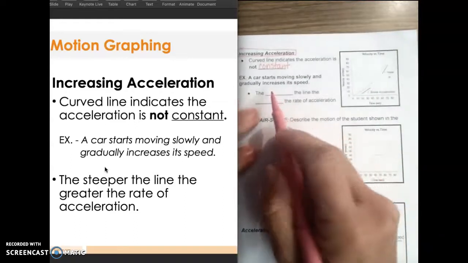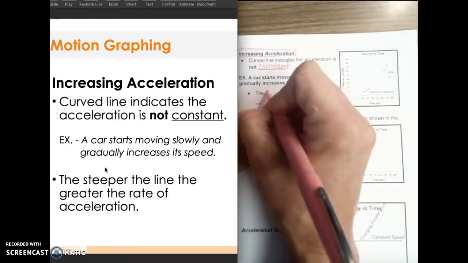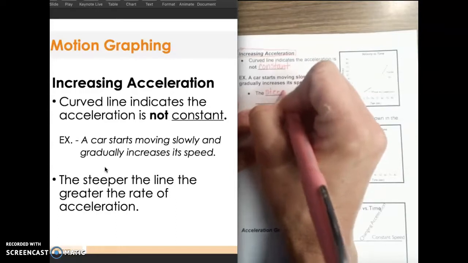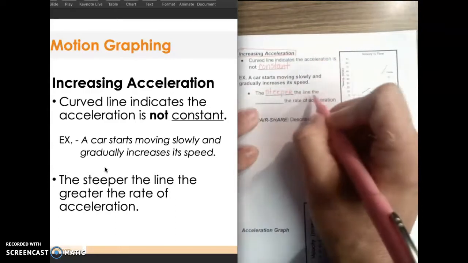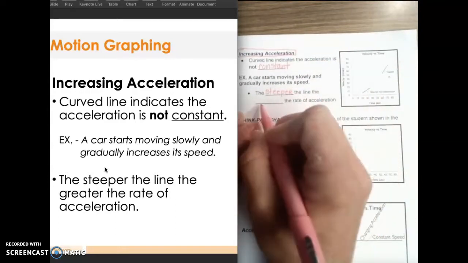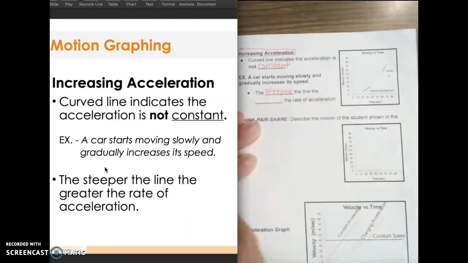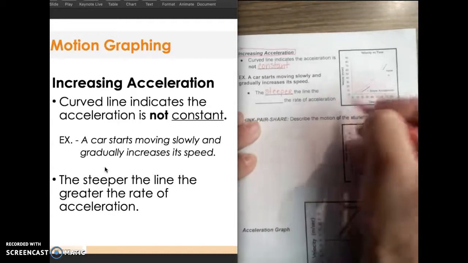So the steeper the line, the greater the rate of acceleration.